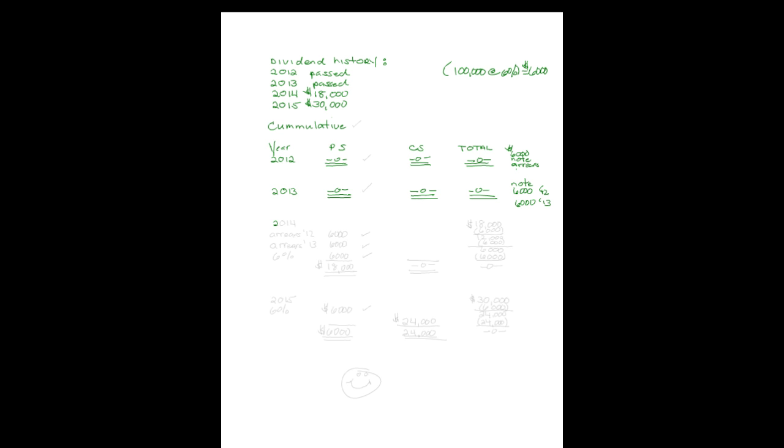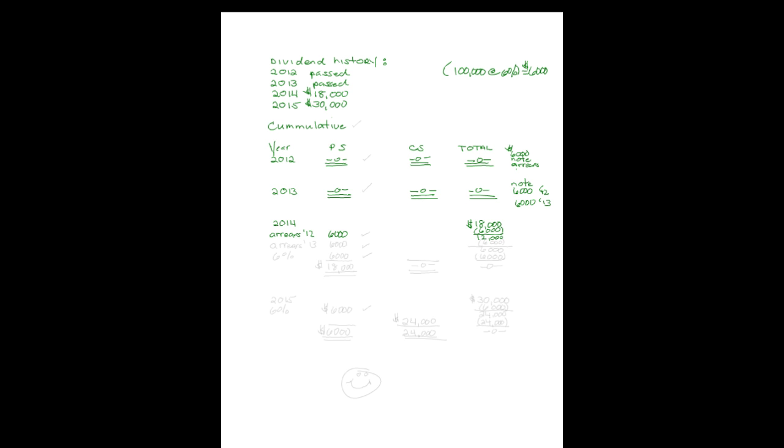2014 is going to get more interesting now. In 2014, a dividend in the amount of $18,000 was declared. The first thing that will happen is the dividend in arrears for 2012 will be cleared up, and the preferred stockholders will get $6,000, and that will drop the $18,000 down to $12,000.